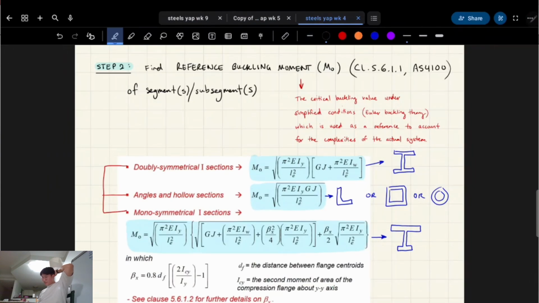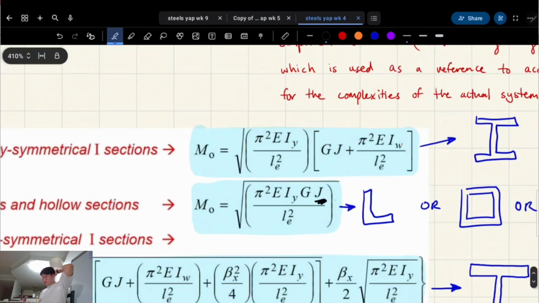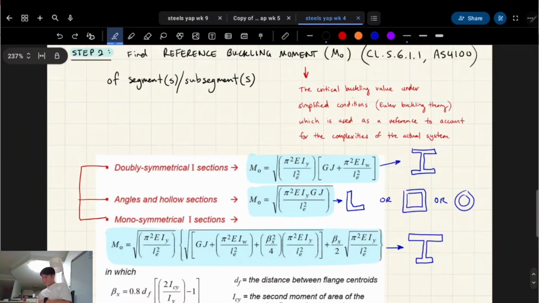But since it's a custom section, it's really hard to get these values. You remember how we were calculating I, Y, and J? That's what we prepped it for, right? If you're doing an I-beam, normally you can just yank these values from OneSteel: I_y, I_w, these kinds of things are quite easy. Oh, we found them all.